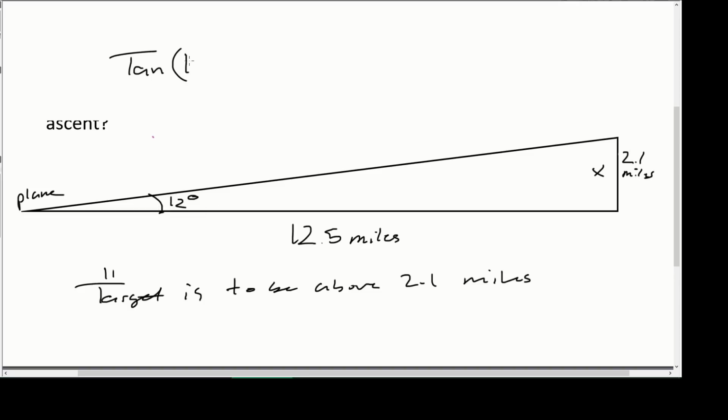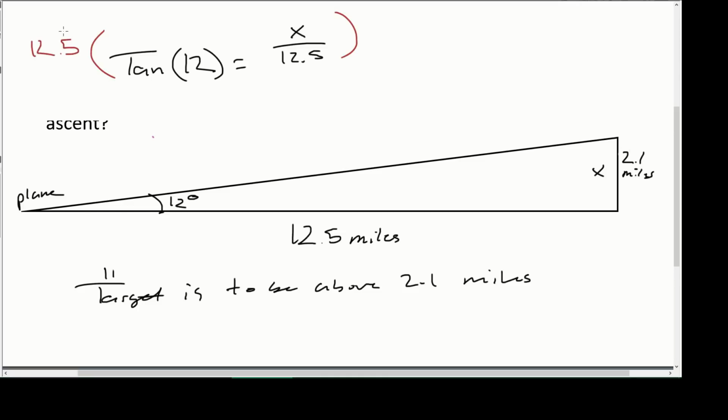So that's going to be the tangent of 12 is equal to the opposite, which is our unknown, because that's what we're trying to get over. We want to know how high we are going to be over the distance that we're running, our adjacent side. Now we're going to do a little bit of algebra here, and we want to get this 12.5 out from underneath this X, so that we're solving for X. So I'm going to multiply both sides by 12.5.